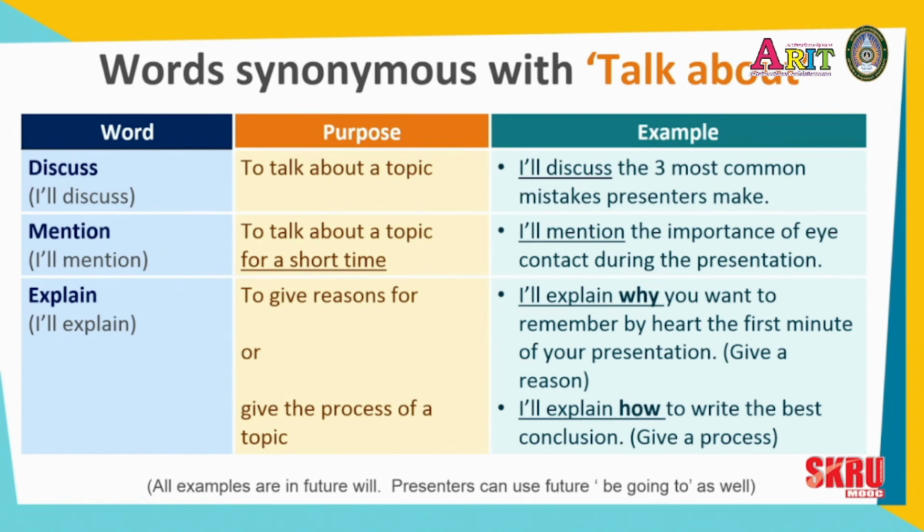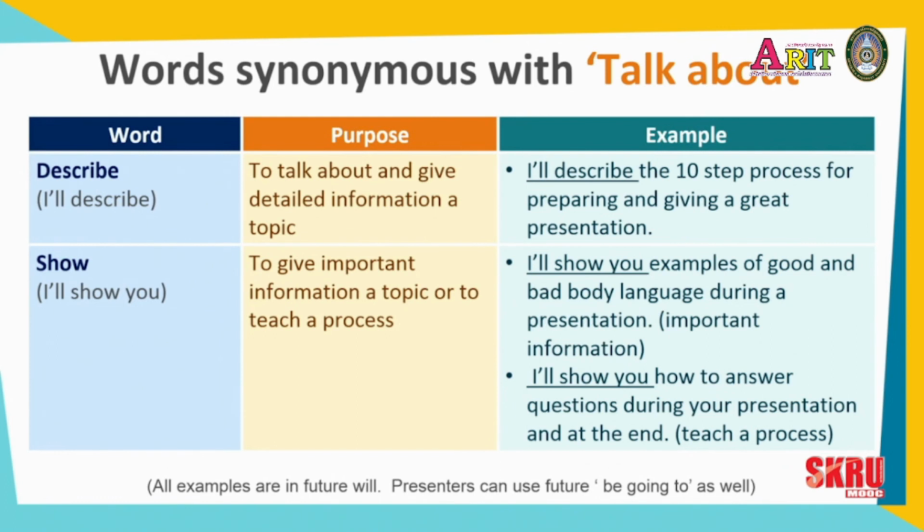And our next example is I'll explain how to write the best conclusion. So we have, I'm going to give a process, how, I'll explain why and the reasons, 1, 2, 3, 4, for why, because, how, and or how to do. And we use explain.